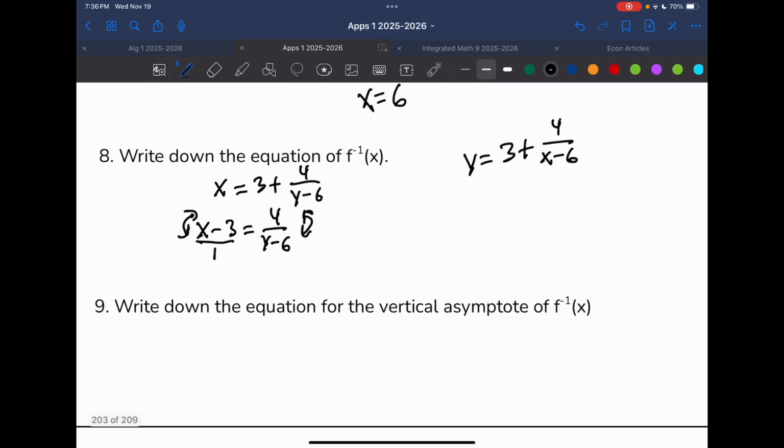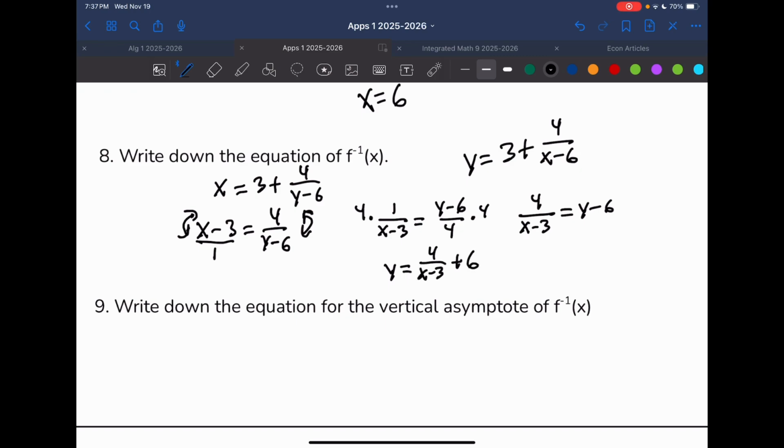Put the numerator down to the denominator, numerator down to the denominator, and vice versa. And the result is 1 over x minus 3 is equal to y minus 6 over 4. And now I'm going to multiply both sides by 4. And I get 4 over x minus 3 is equal to y minus 6, meaning that y has to be equal to 4 over x minus 3 plus 6.